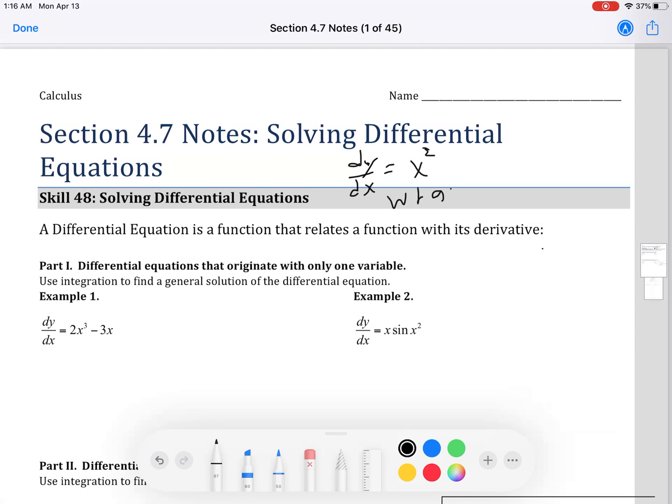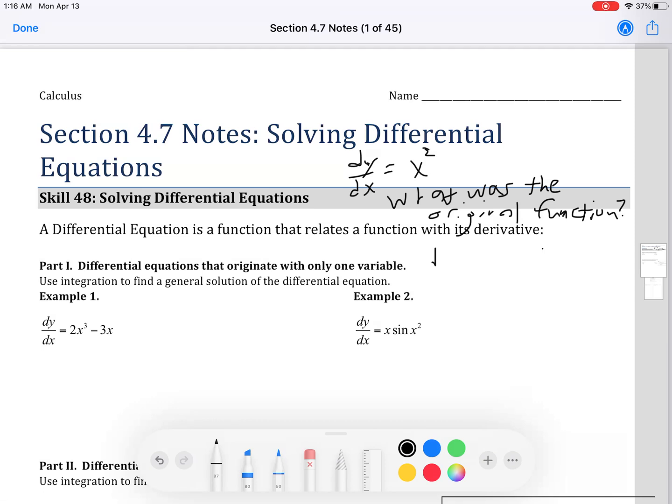And then I said, what was the original function? And we learned that we could figure that out by this exercise of taking the antiderivative.